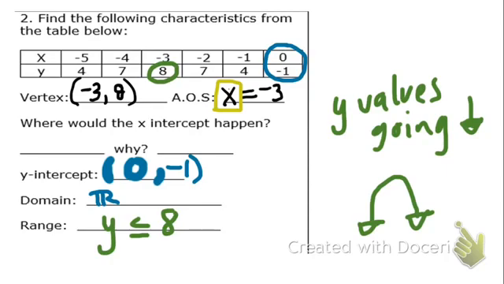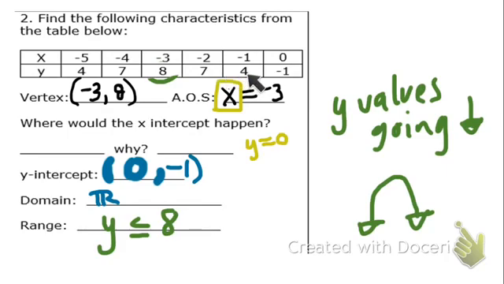Okay? Alright, so now let's find the x-intercepts. One of the things that you need to know about your x-intercept is that y equals 0. So if you look at your table, we do not have a 0 value in the y column. But 0 would not be between 8 and 7, would not be between 7 and 4.